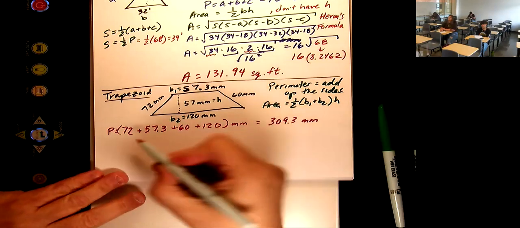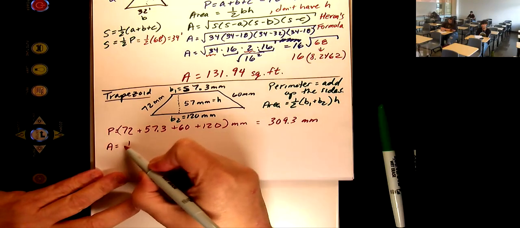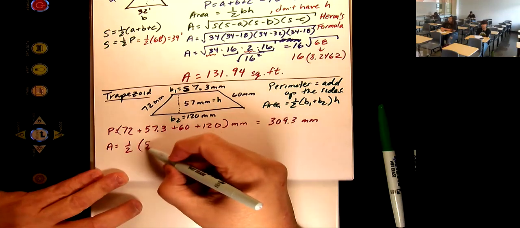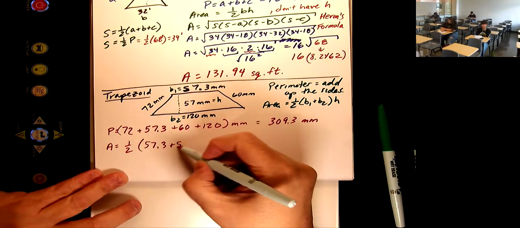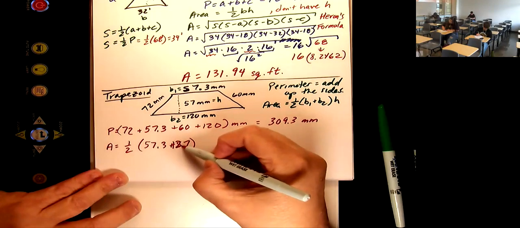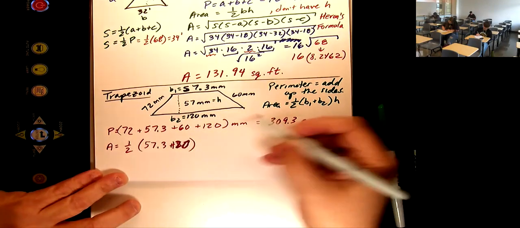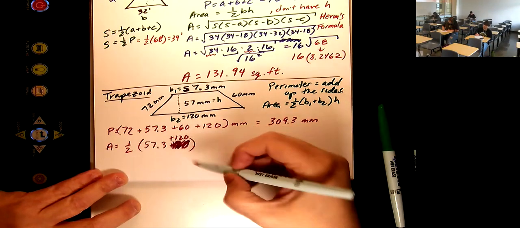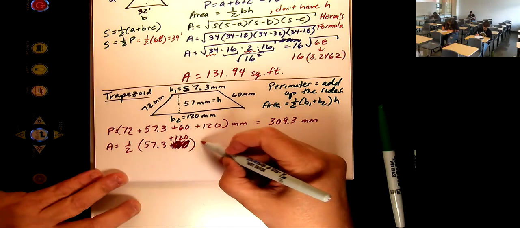And if we want to find the area, we got to do 1/2 the two bases, 57.3 plus 57. And then, nope, plus 120. Bottom base is 120. And then I got to multiply it by the height, which is 57. There we go.